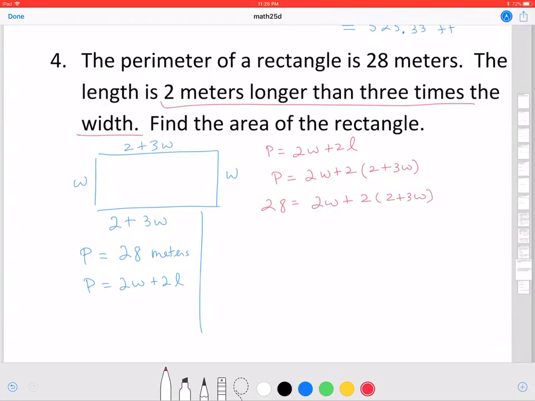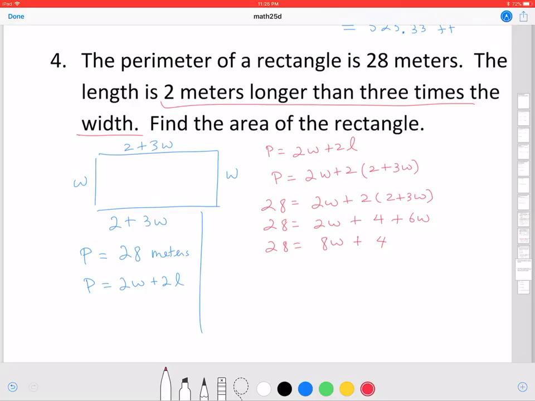Okay, we've seen this kind of equation before. We need to distribute 2 to remove the parentheses. 2w plus 4 plus 6w. So that gives us 8w plus 4. 8w because we have 2w plus 6w.